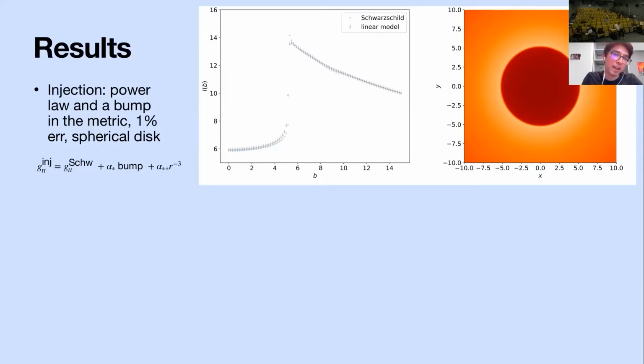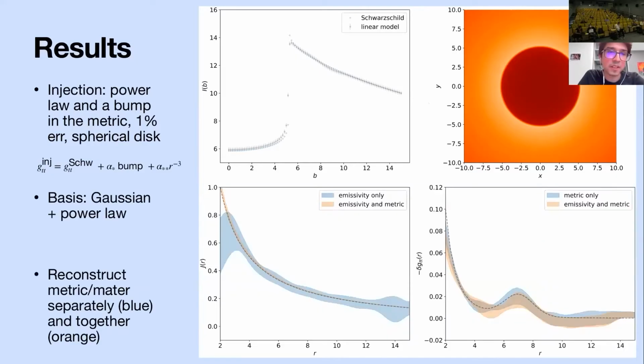And now we apply the approach that we've described. And here I show you some of the results of how we can reconstruct both the metric functions and the emissivity functions. So let's concentrate first on the lower left panel. In the blue contours, what you can see is what happens if we restrict our analysis to the emissivity function only.